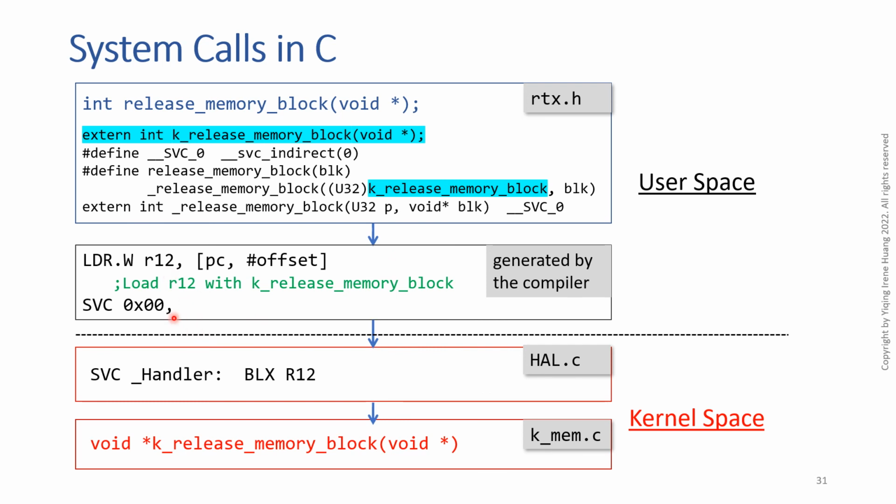I can raise SVC 0. Both of these instructions are generated by the compiler. Nobody writes them. So now we have what we need. We can go to our SVC handler, branch to R12, and then the corresponding kernel function gets invoked. And this is the mechanism we use in this lab.